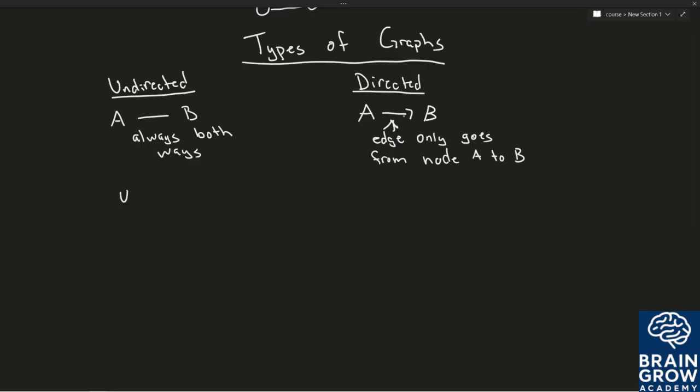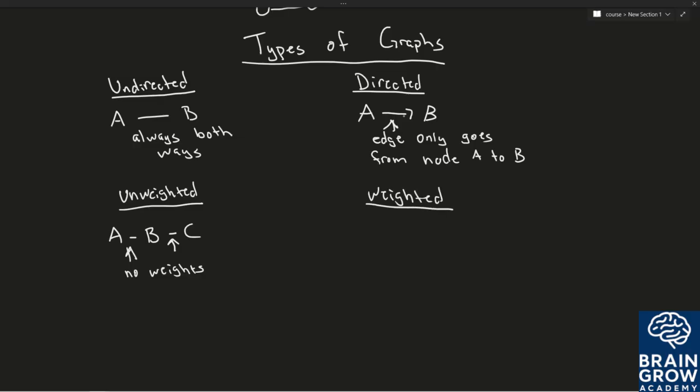We also have an unweighted graph. That means we can go from A to B to C, and there are no weights associated with any of these edges. So you can imagine a weighted graph is the counterpart to this.